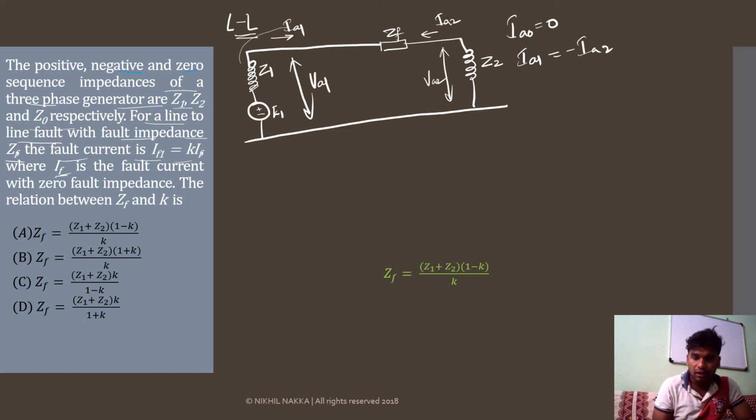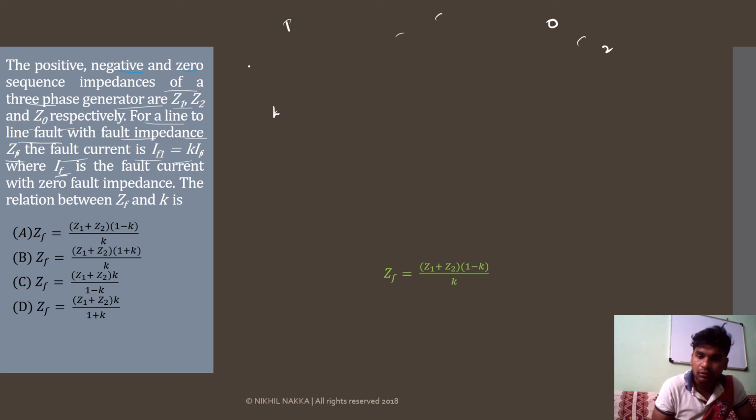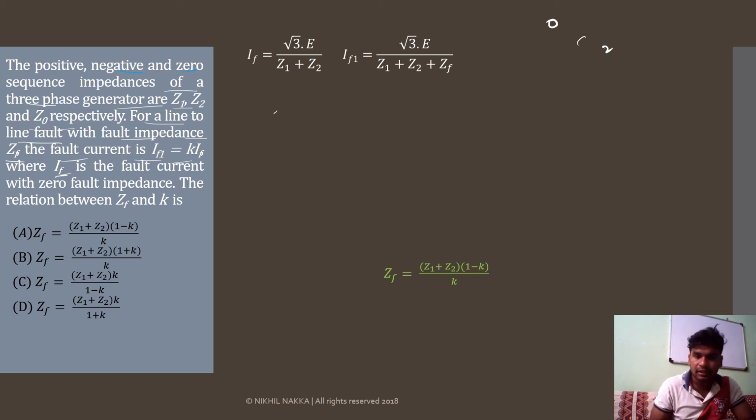The equation for fault current in this system would be, just let me erase this. So this is going to be your equations for fault. IF is equal to root 3 E over Z1 plus Z2. The reason we take root 3 is that E is the phase voltage, so I am converting it into line. In fact, there should be ZF.